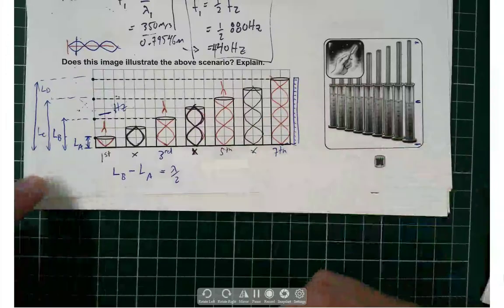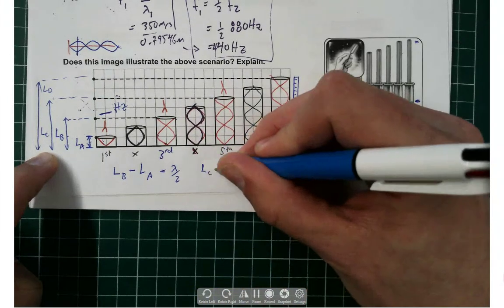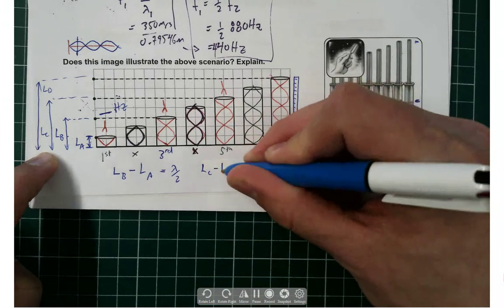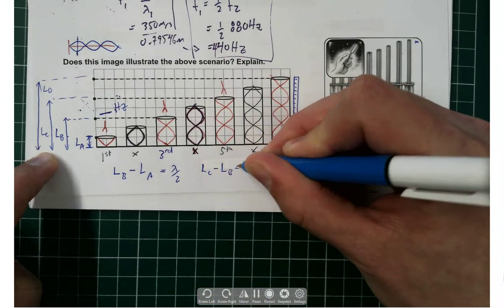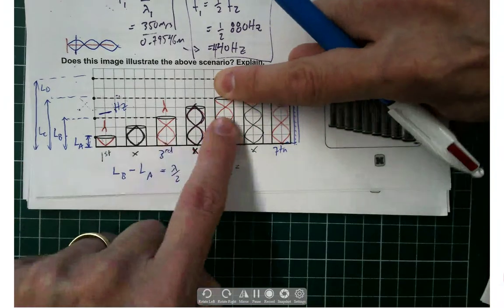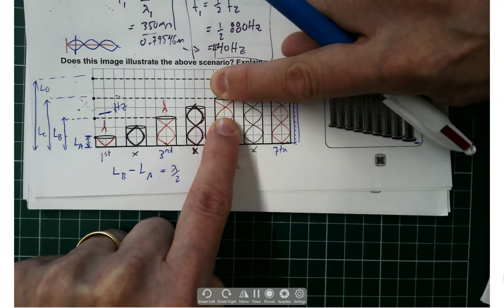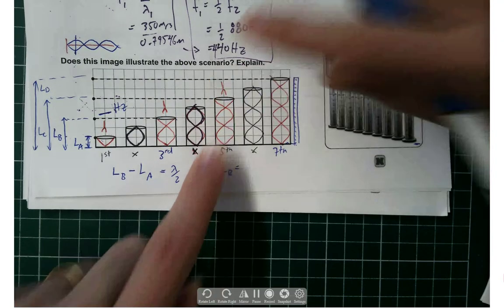And likewise, if I do length C minus the next one down, length B, look at this. Here's length C, here's length B. Can you see that the difference between those two lengths is also what? Half a wavelength, yeah.